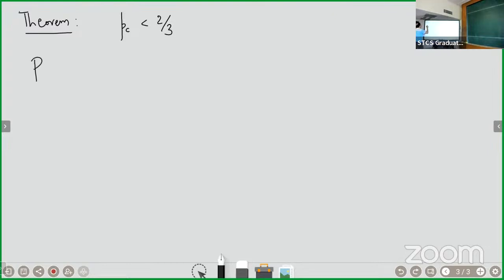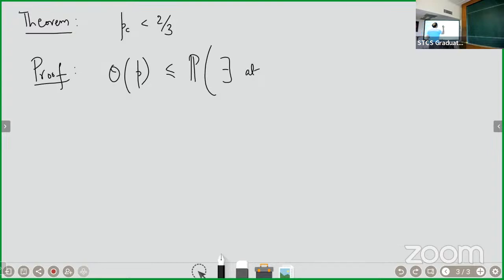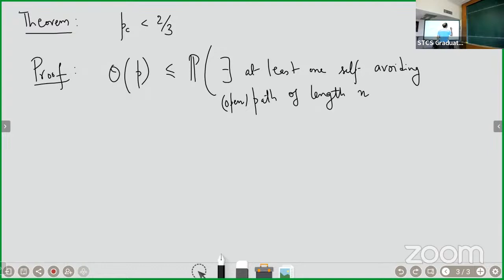Does everybody agree with this? That if there is percolation, for each n, I should have an open path of length n.